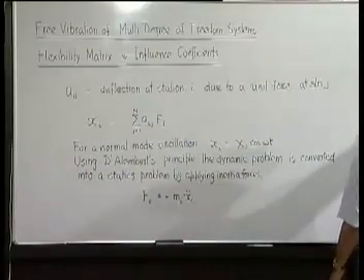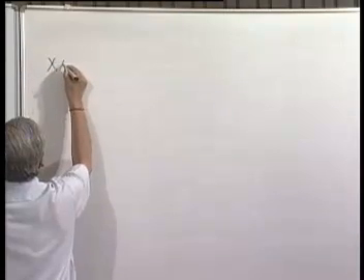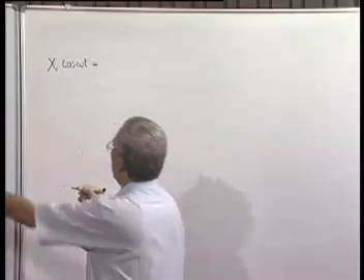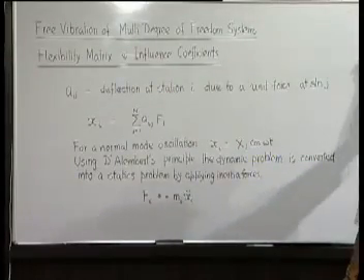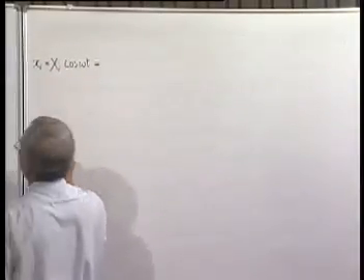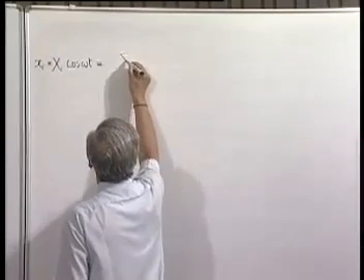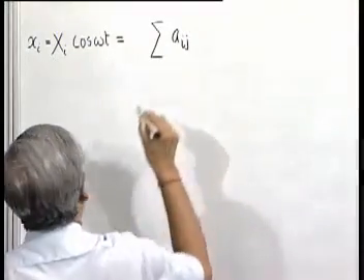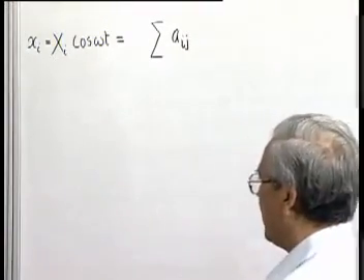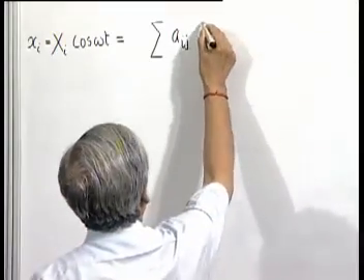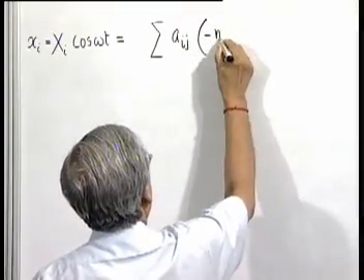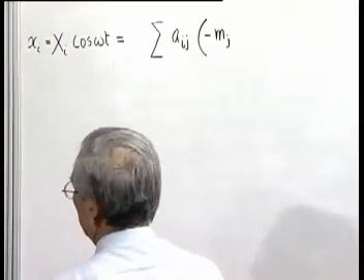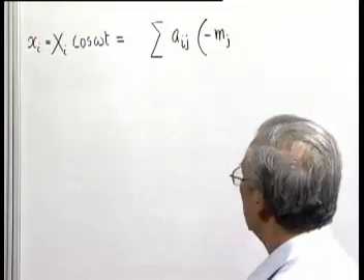the displacement, which is Xi cosine omega t, will be the sum total of Aij Fj. Now, Fj will be minus Mj into Xj double dot. How much is Xj double dot?